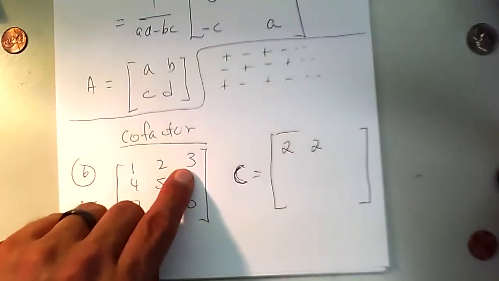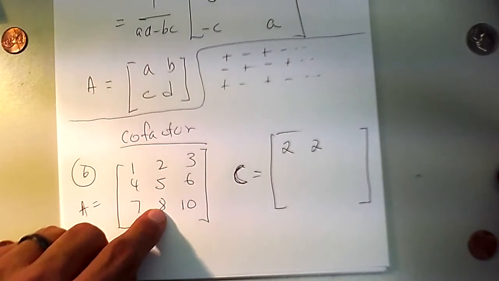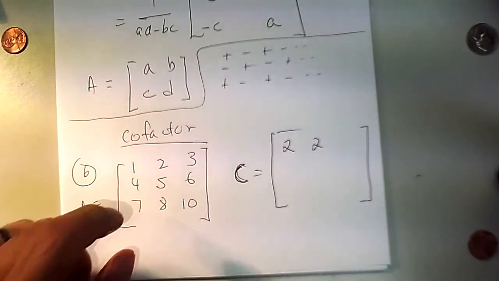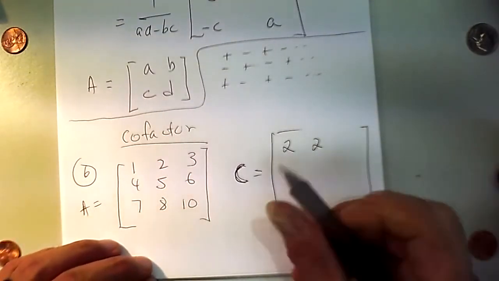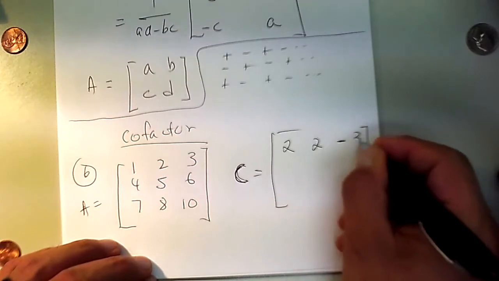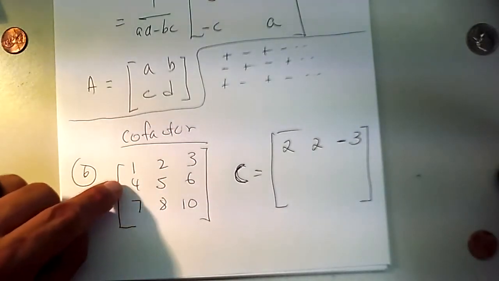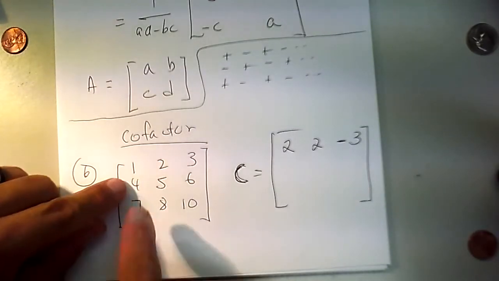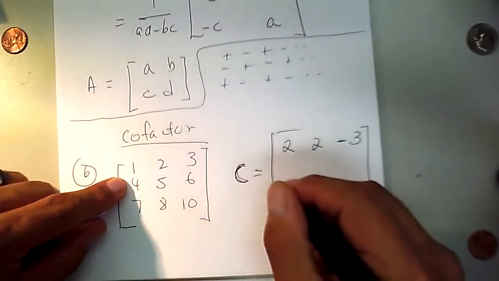The cofactor of 3 will be 32 minus 35, negative 3. And we keep it as negative 3 because we don't do opposites. All right. The cofactor of 4 is 20 minus 24, negative 4.